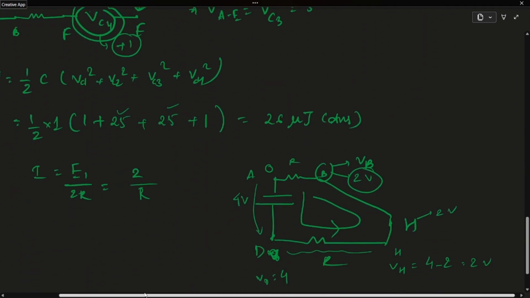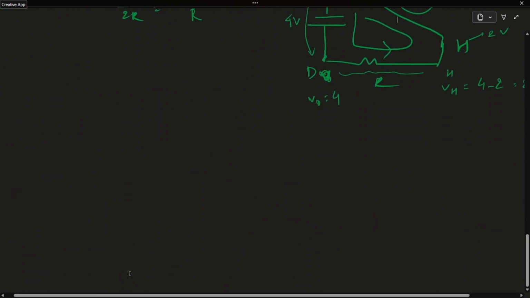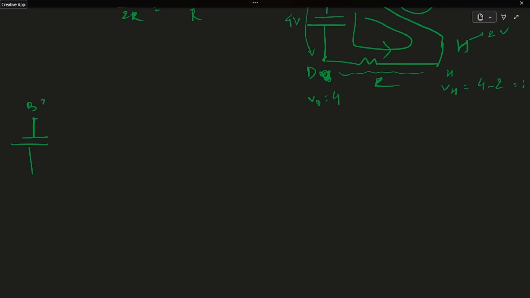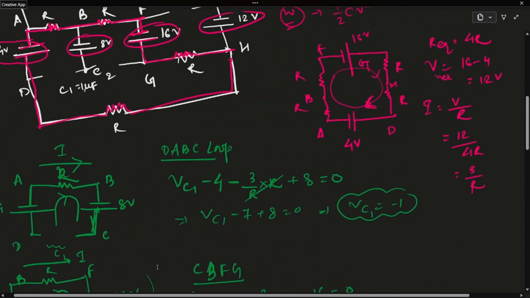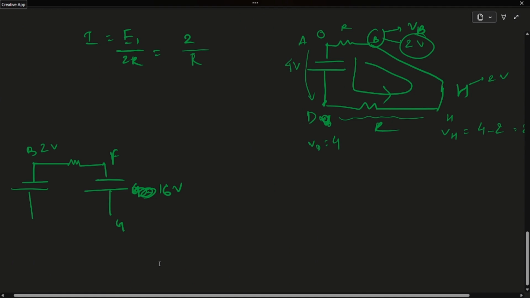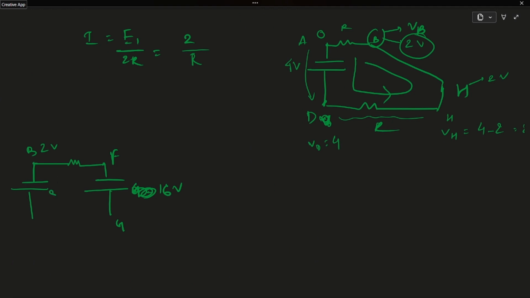Let's take the loop. This is B. This VB is 2 volt. There is a capacitor between F and G. This battery is of 16 volt. And between B and C, the battery is 8 volt.